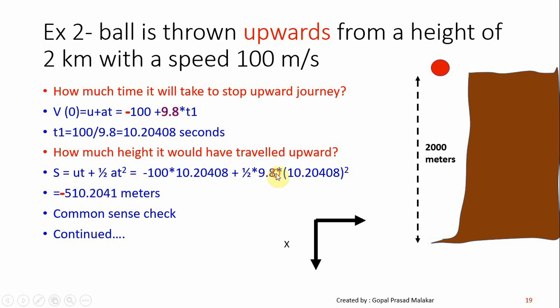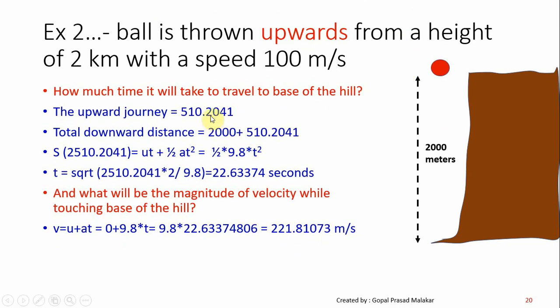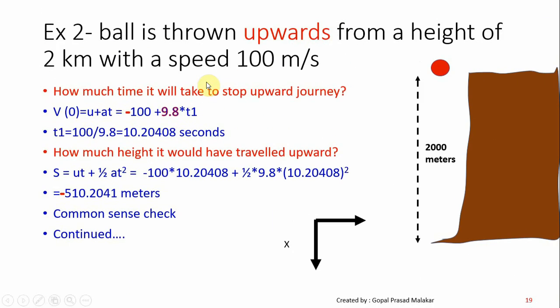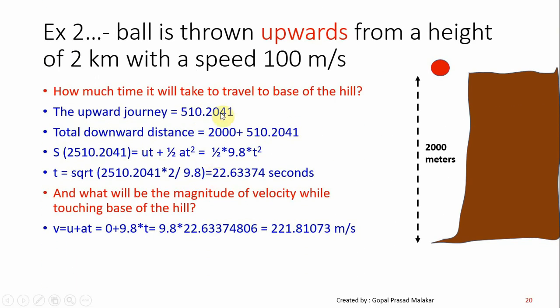Let's continue building on that. So if you think of this as having gone upward, and it traveled 510 meters, what is the total downward journey that it has to do? It has to do 2000 plus 510, because it has gone 510 upward.